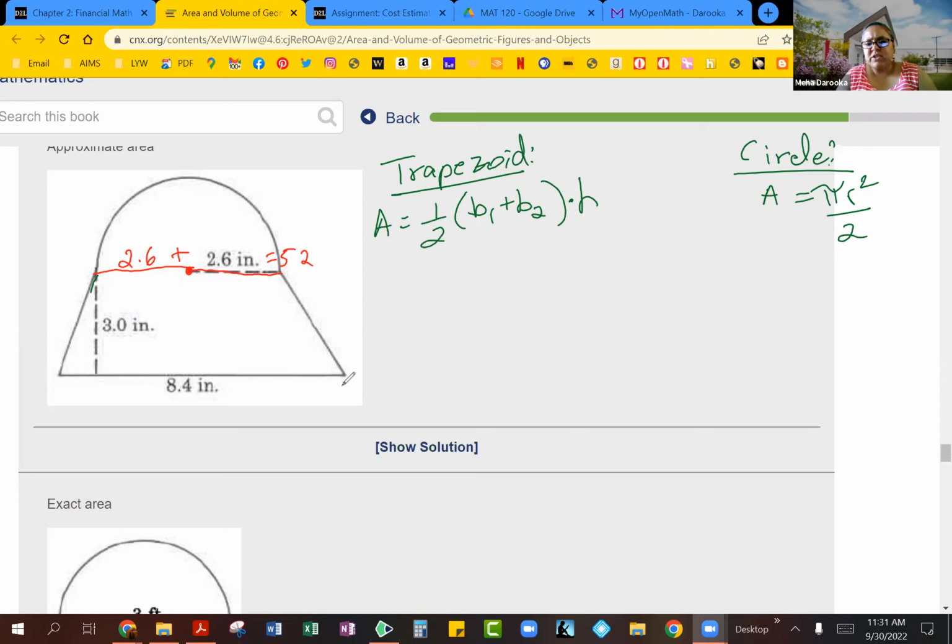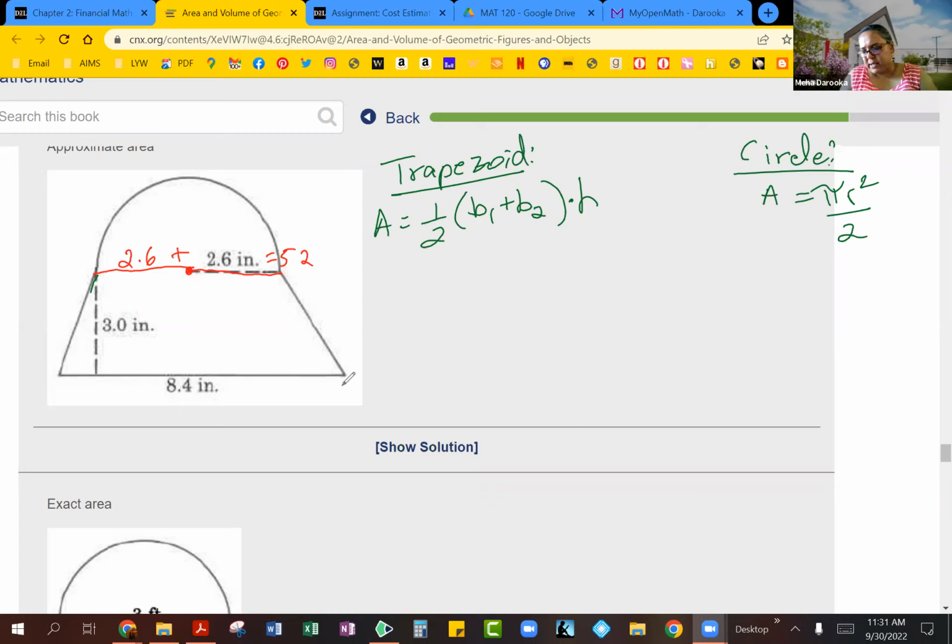Terry, I got an answer slightly larger than that one for the trapezoid. So remember, you need to do the addition part first, because it's in parentheses. So add those 2 numbers first and then multiply with the 1/2 and then the height of the trapezoid after you're done adding.